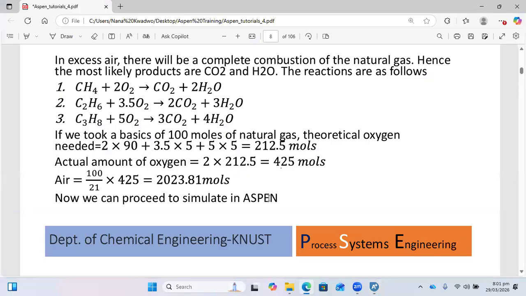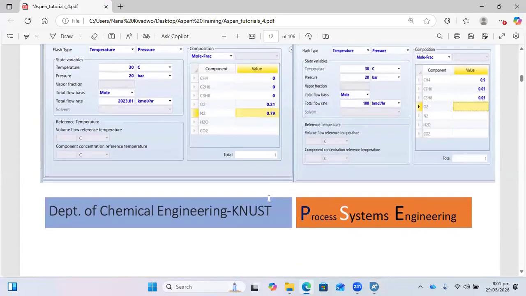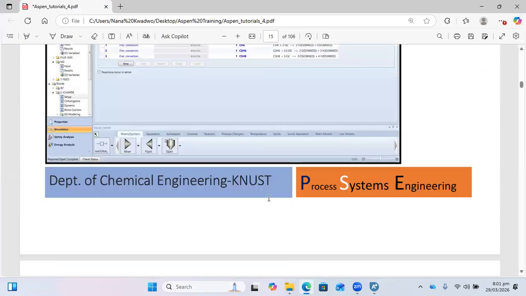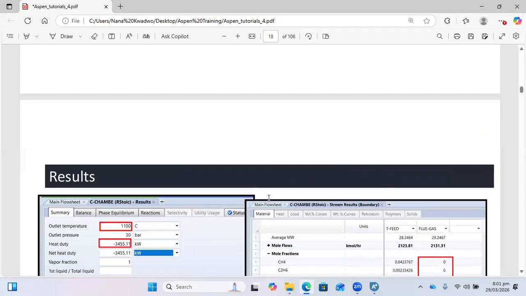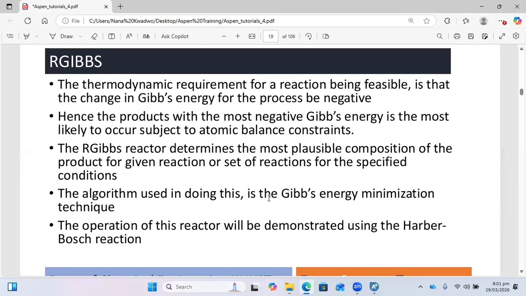Okay. So for the next thing we want to try out, I think it was R Gibbs. So R Gibbs is the next reactor we are going to try working with now, right? And as we said, it works based on the Gibbs energy minimization principle. So it considers the possible products you can get, and then out of them, which ones are going to be more stable.